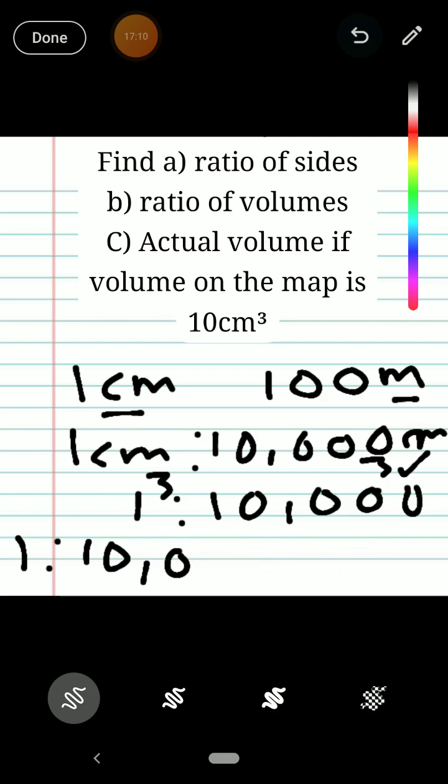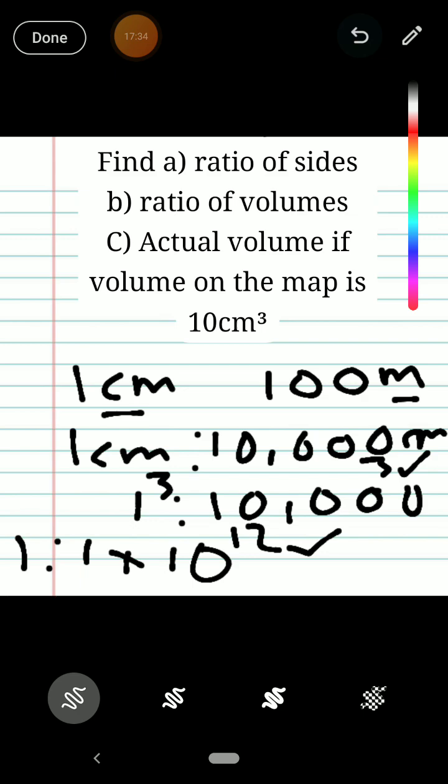With a calculator, if you do 10,000 power 3, you get 1 times 10 to the power 12. So this is the ratio of volumes, and I've answered question B.